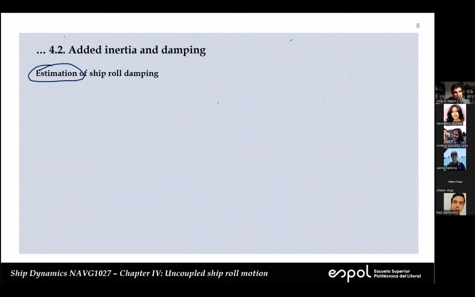Because in this process we need to include the influence from viscosity. The viscous effects in this case are very, very important. I'm going to write it here: viscous effects are very important.